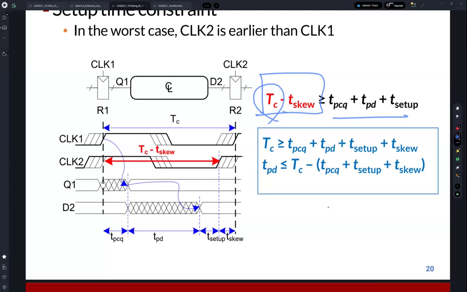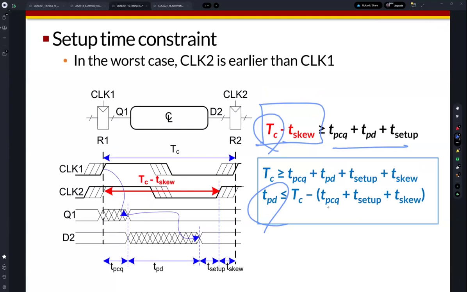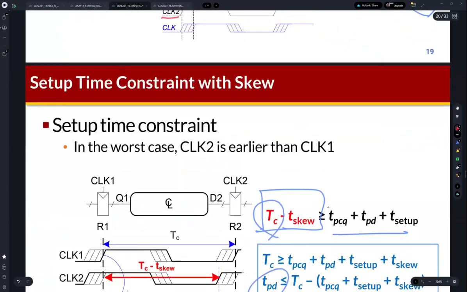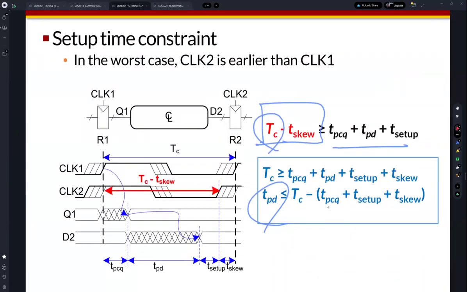So when we consider this clock skew, TPD needs to be less than TC minus TPCQ and then T setup and then T skew. So because of clock skew, the setup time constraint becomes worse, right? Because the effective clock period is reduced.